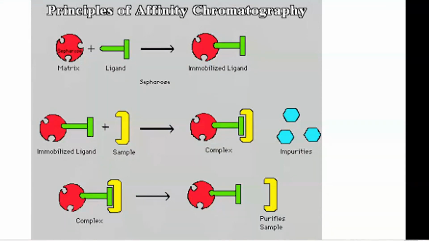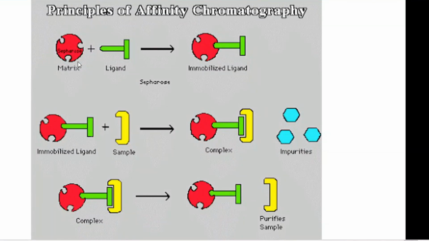The ligand can be selected based on what kind of molecule is going to be separated. The matrix molecule should be compatible with the ligand so that it can get attached, and the ligand should be compatible with the molecule of our interest. That is how we can separate the molecules.